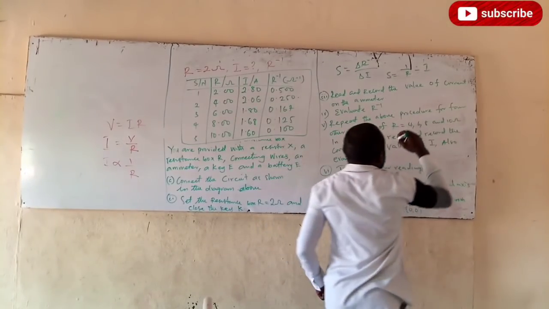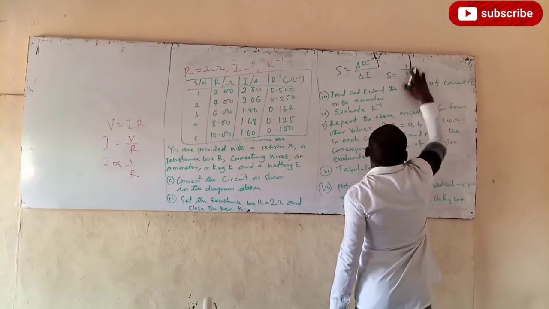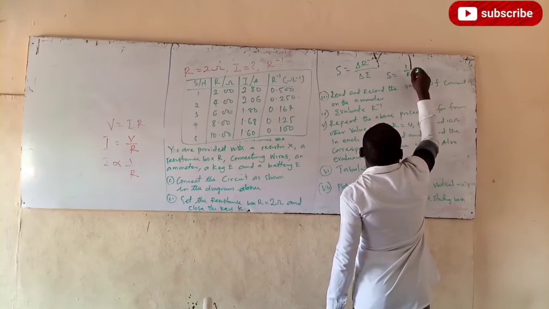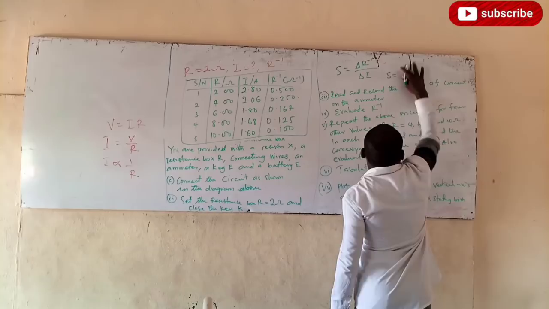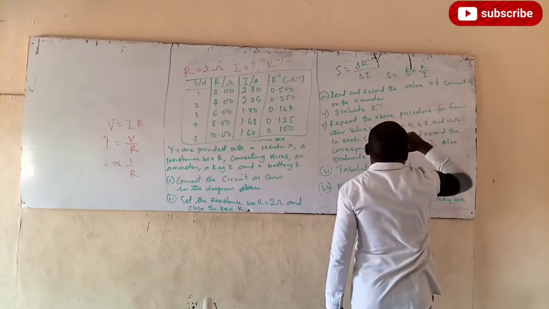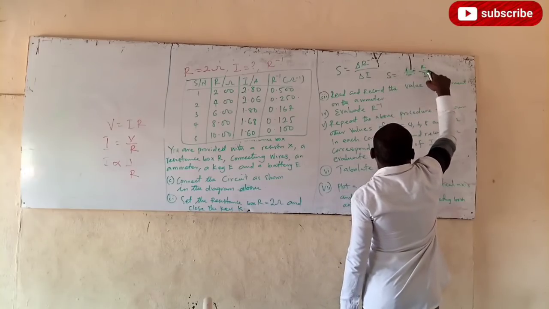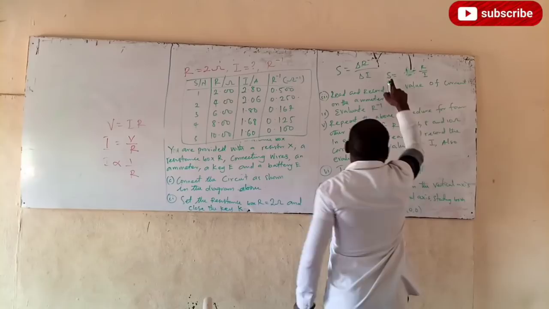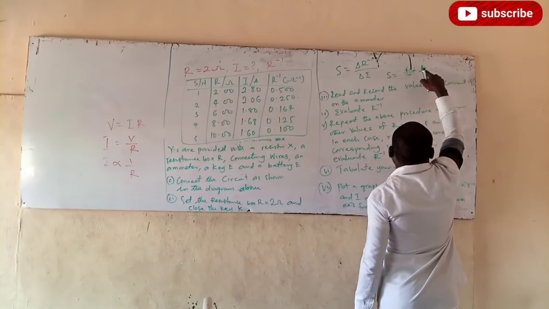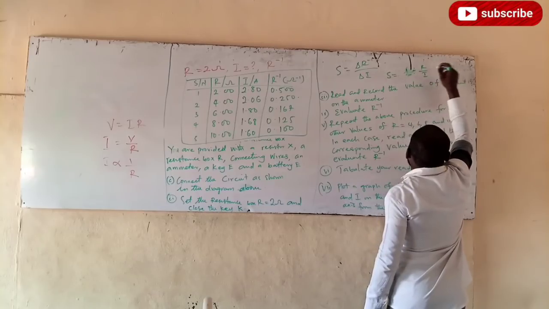If that is the case, we therefore have that. Okay, for better understanding, let me take it like this. This is 1 over R, 1 over 1 divided by R over I. Are you seeing it now? S equals 1 divided by what? R over I. So if I cross multiply here, the other way around, S will become what?